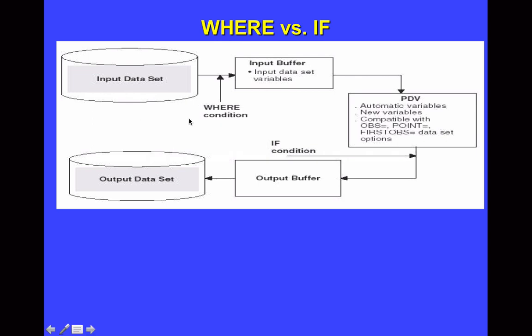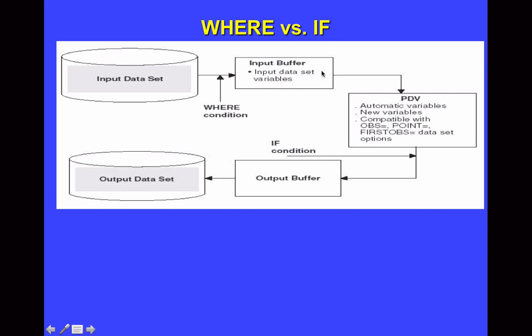And the where conditions operate very early on in the natural history of how observations get processed in a data step. So these input data sets are drawn into an input buffer, and it's at this point where where conditions would apply.